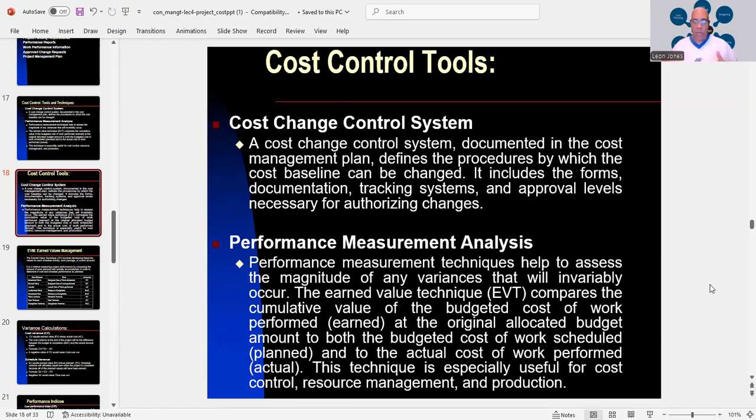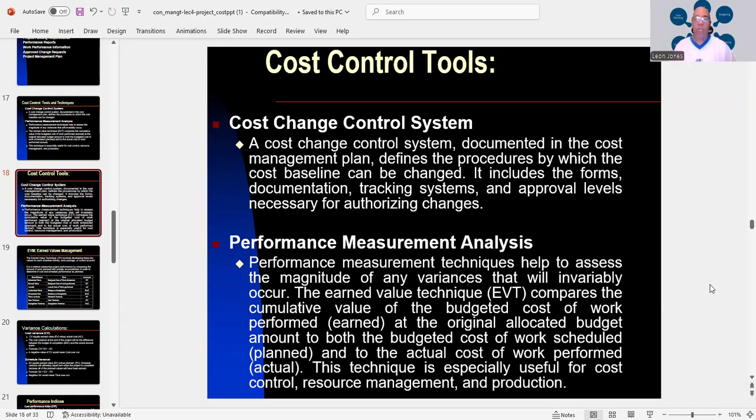We have our performance measuring analysis, which I just mentioned earlier, a slide ago. Those techniques help to assess the magnitude of any variances that will invariably occur.